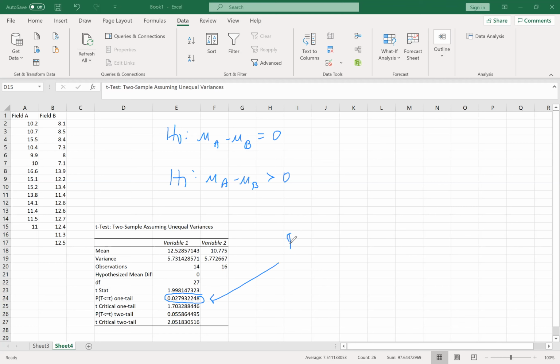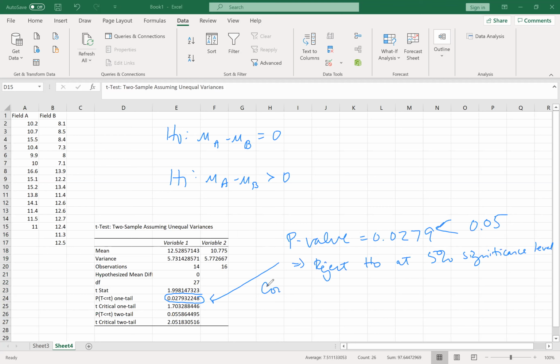So a p-value of 0.0279. This means that we reject the null hypothesis at the 5% significance level because our p-value is less than 0.05.